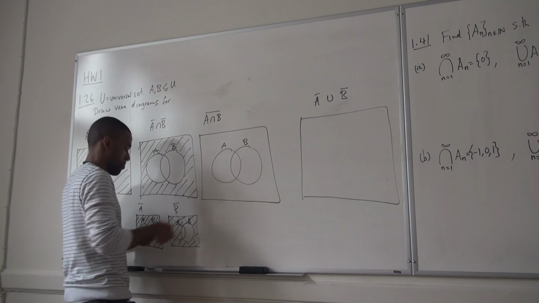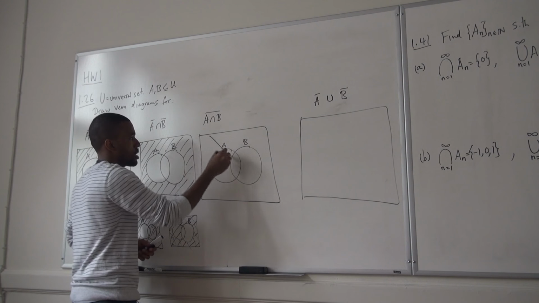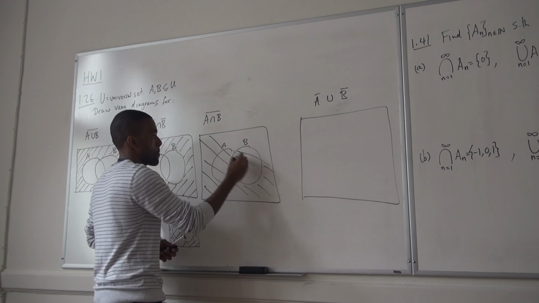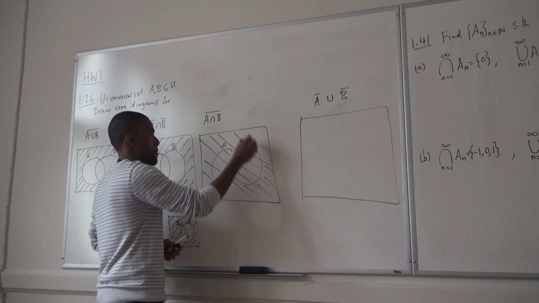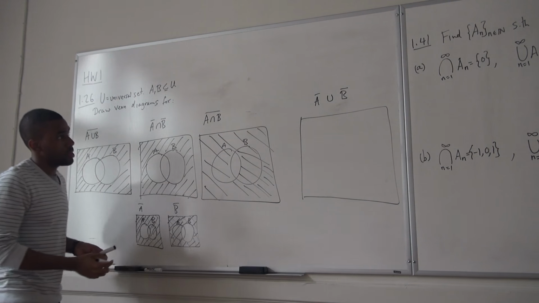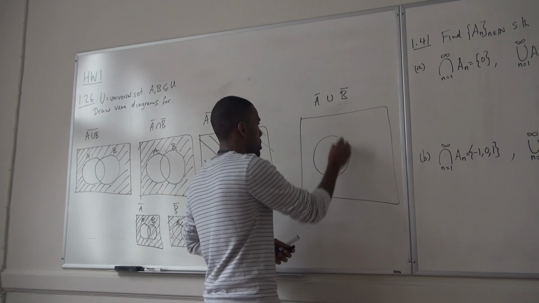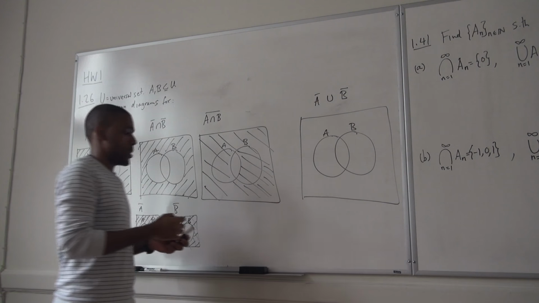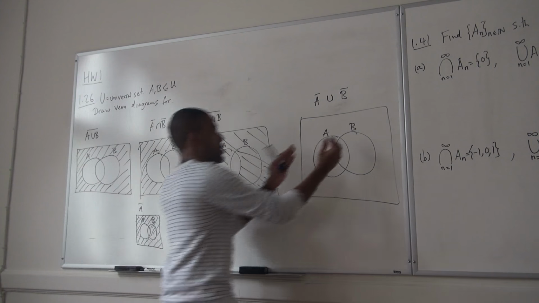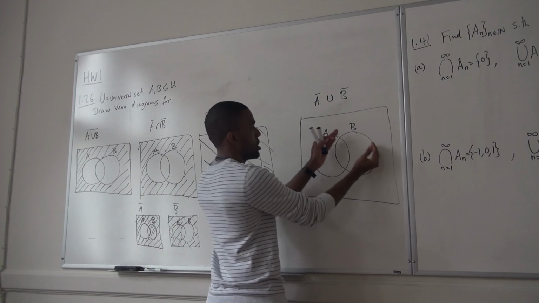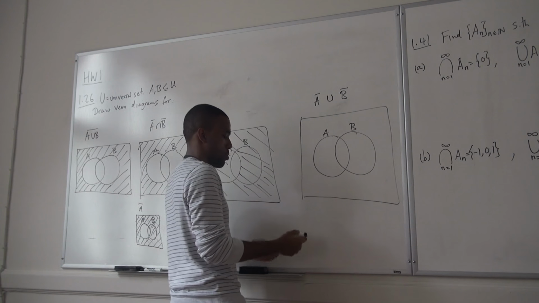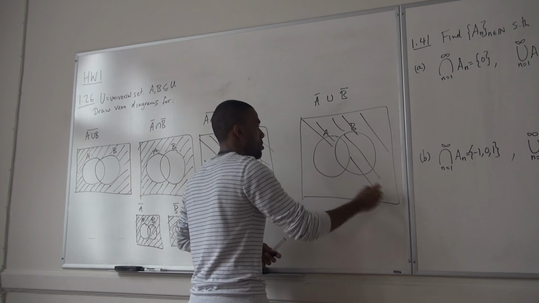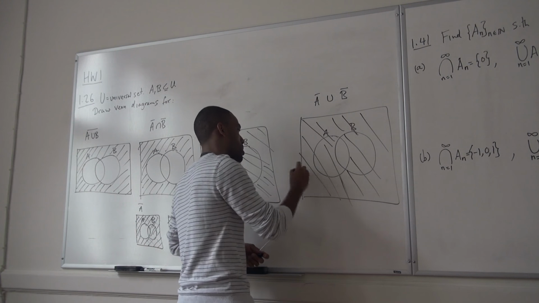So you can take the complement, pretty much get everything outside of that. Similarly here. Think of A complement, which is everything outside A, and B complement, which is everything outside B. And if you take the union of those, you actually end up with the same thing.